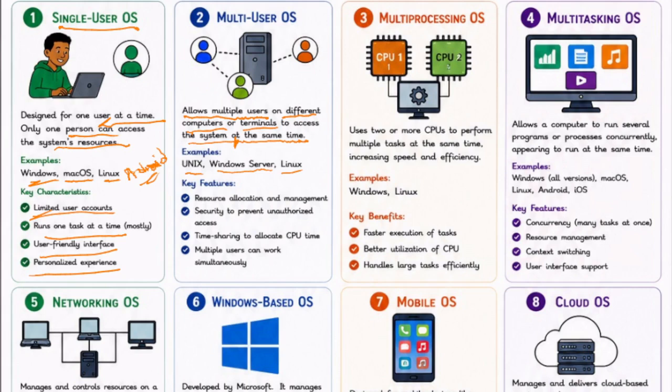Another good example is the operating systems that are used in banks. Still an example of networking OS, but so many people are connected to a central server. Okay, central server. So it's an example of multi-user.